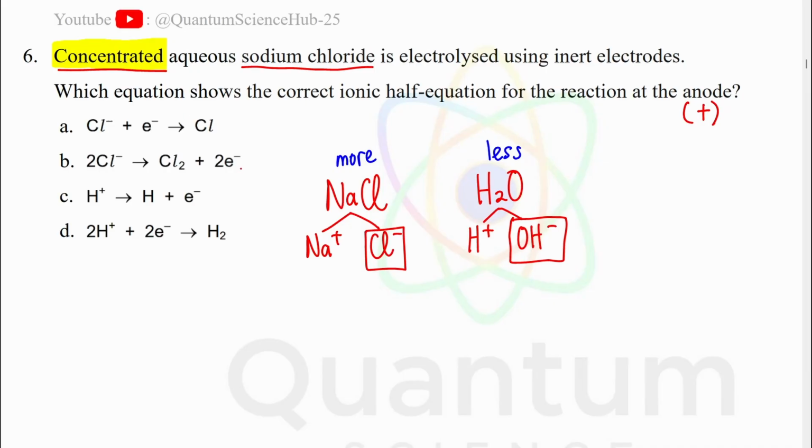If you still remember the rule, if it is concentrated, then we take the concentration effect, which is Cl⁻, right? So again, it is from ions wanting to become atoms. And chlorine is a diatomic molecule, so we put 2 in here. And the Cl at the left side is still 1, so we put 2. Now, just because we put 2, the charge at the left side is 2 negative, and that's why we put 2 electrons at the right to make it balance. So the correct answer here is B.